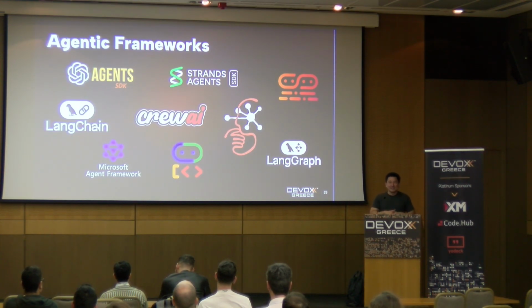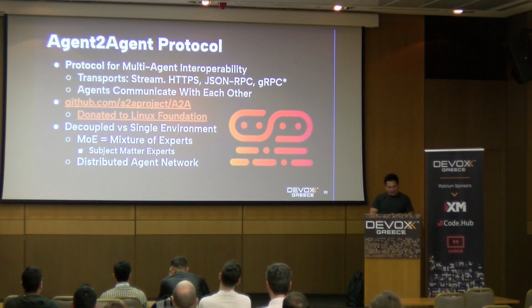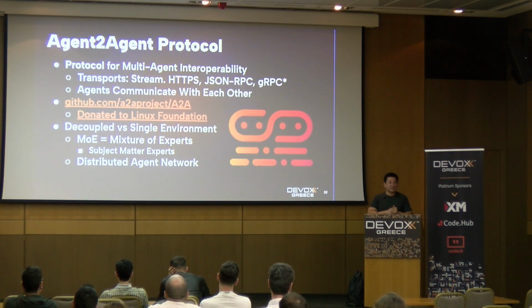So we're going to use agent-to-agent protocol because it's open source and it's free. What it allows is for agents to communicate with each other. It's literally just a protocol definition, and it supports different transport mechanisms, like HTTPS, JSON RPC, and I believe gRPC is almost on its way, probably another month if it's not already there today.